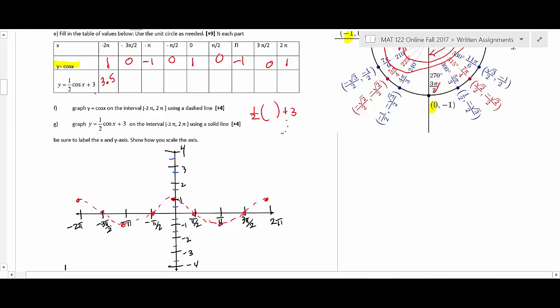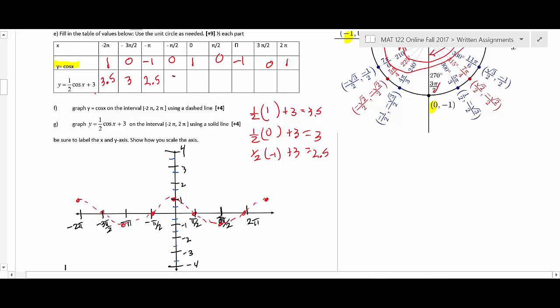So if I plug in 1, that gives 3.5. Now I go 1/2 times 0 plus 3, which is going to give me 3. Then I'm going to do -1, so 1/2 times -1 plus 3 is going to give 2.5, and so forth. The rest of these we've already done.